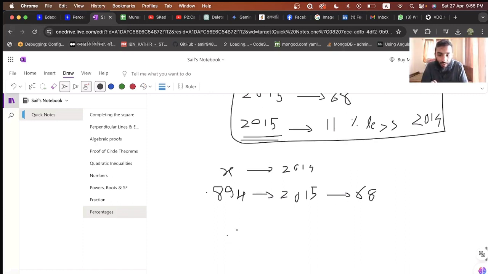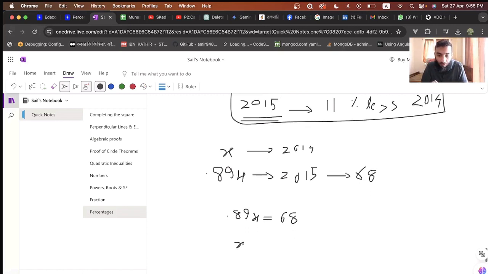So we can say 0.89x is 68, or x is 68 multiplied by 100 divided by 89. 0.89 means basically 89 by 100, right?